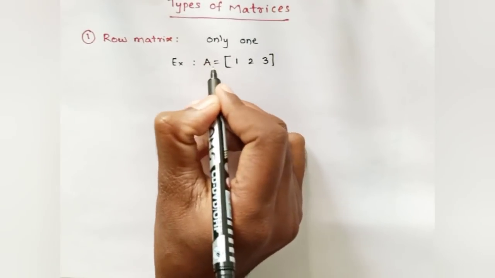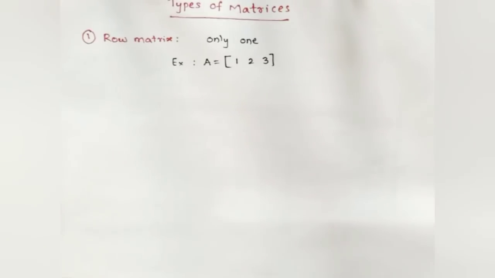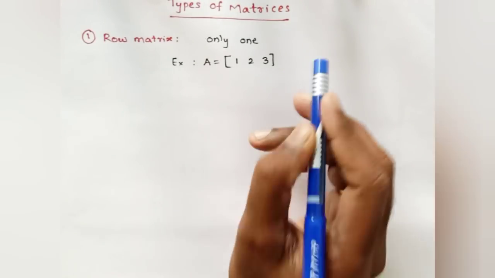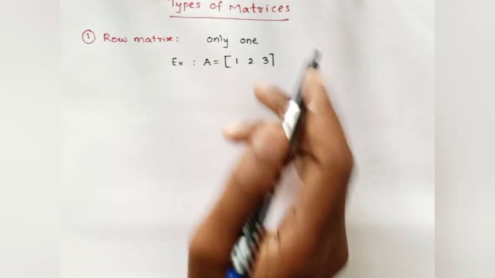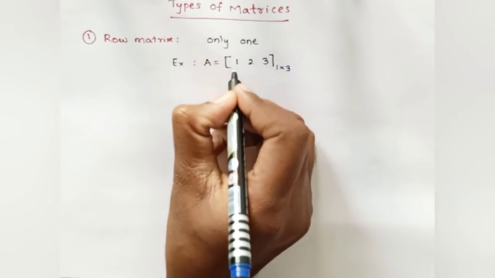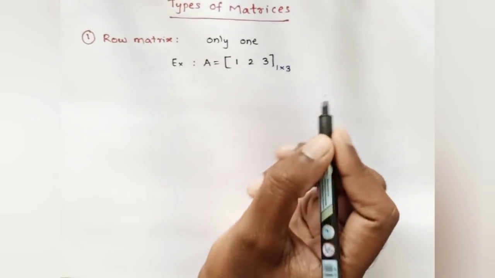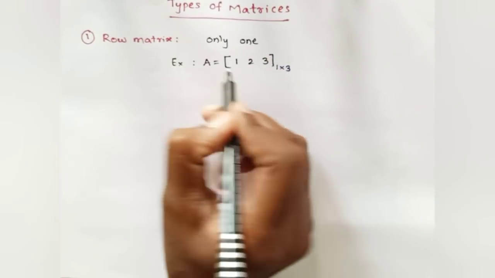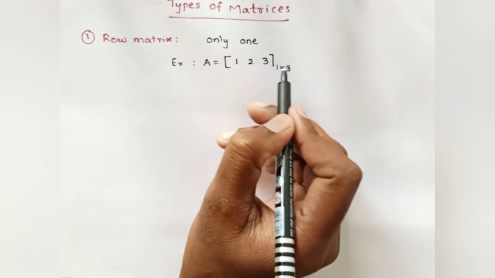This matrix A contains only one row, but the columns are 3: a row, column 1, column 2, and column 3. So for the row matrix, there is no restriction on columns.